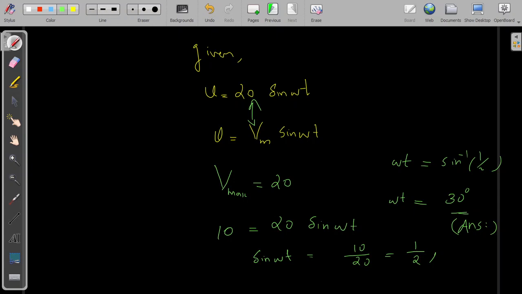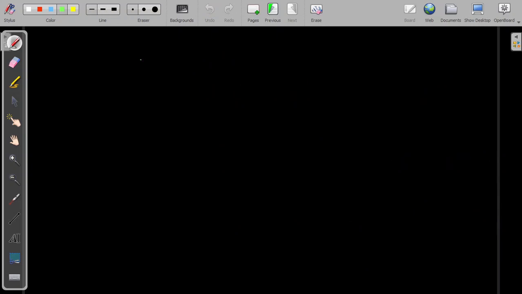Okay, now next, what is the maximum value for the voltage and at what angles? Maximum value of voltage is 20, and this can be plus 20 or minus 20. So for plus 20 we have plus 20 is equal to 20 sine omega t.